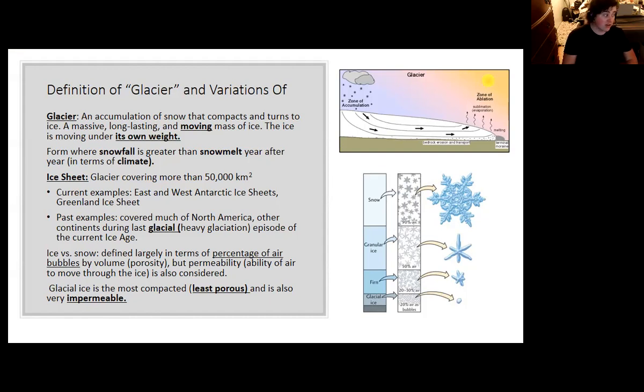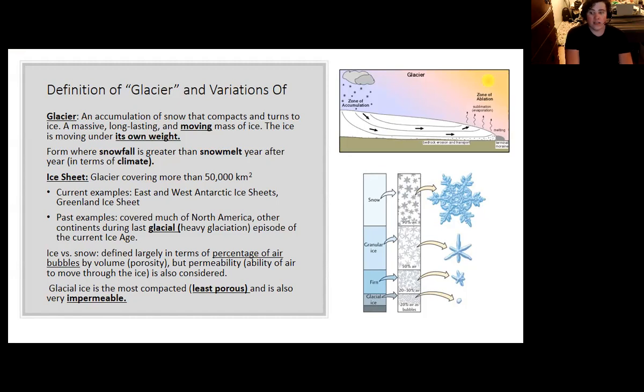This is what we'll come back to when we talk about how ice cores are used to measure climate change, because it turns out glacial ice is compacted enough, so not porous and so impermeable, that the air gets trapped. An ice sheet is the particular type of glacier found in Antarctica, and an ice sheet is a glacier that is more than 50,000 square kilometers.